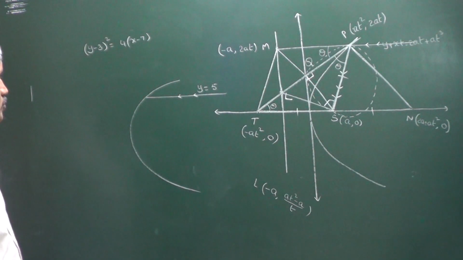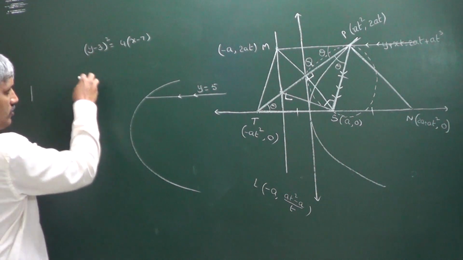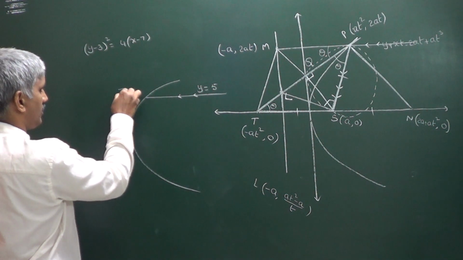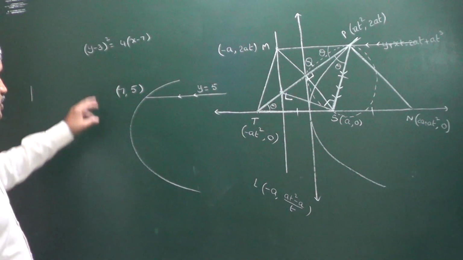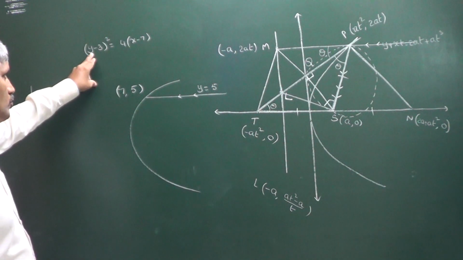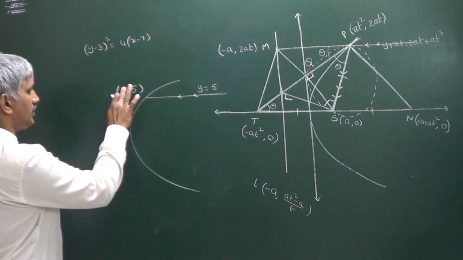Now if you substitute y is equal to 5 here, you will get the x coordinate as, because y minus 3 is 2, 2 square is 4, 4 cancels, sorry, the x coordinate you will get is 8.